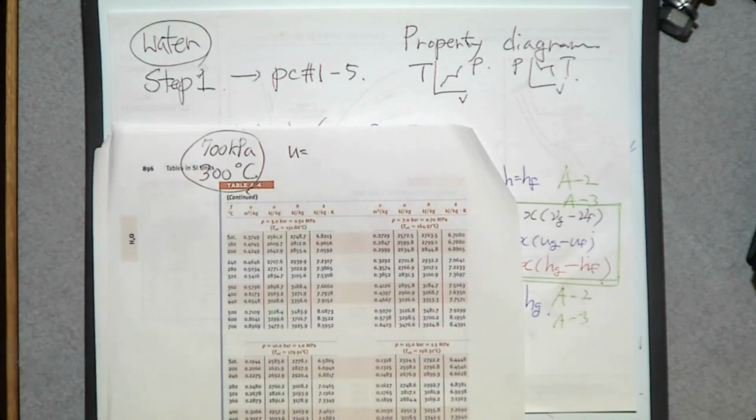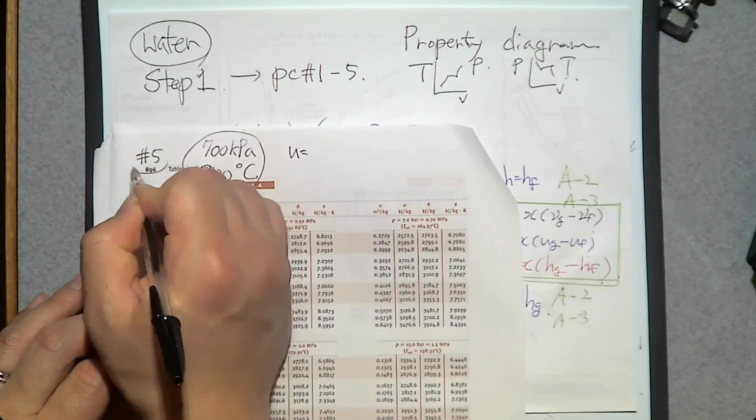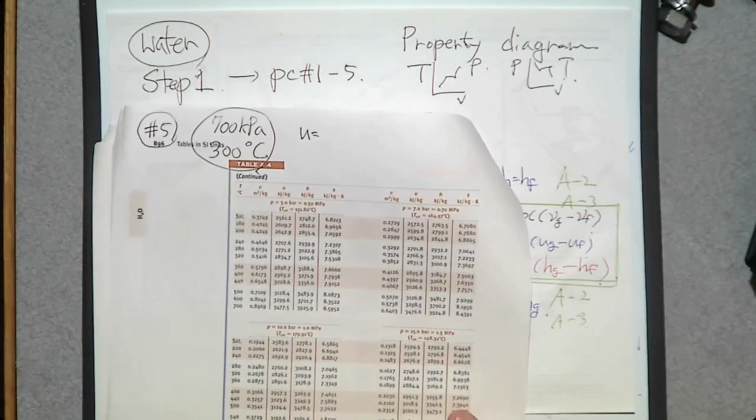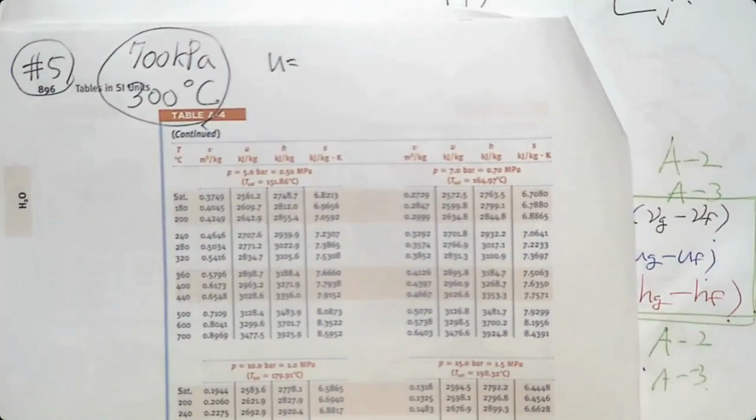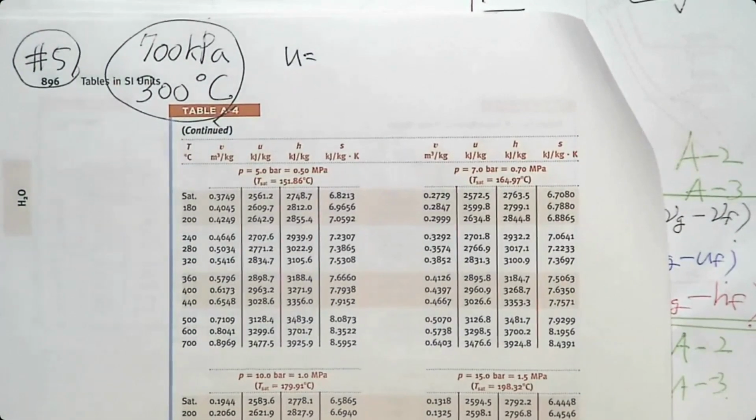And let's assume that we already know the phase change process. It is number 5, superheated vapor. Then we know we need to go to table A4 and find a table for 700 kilopascal.